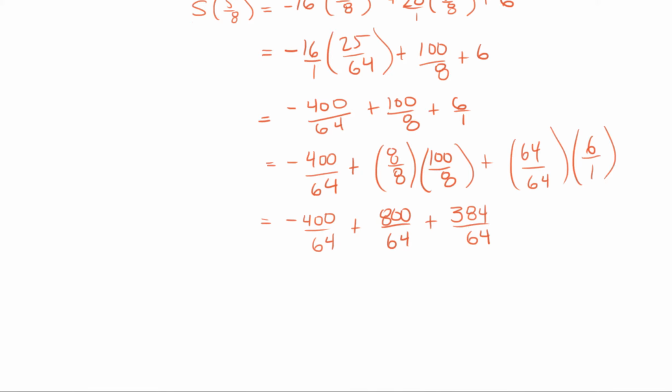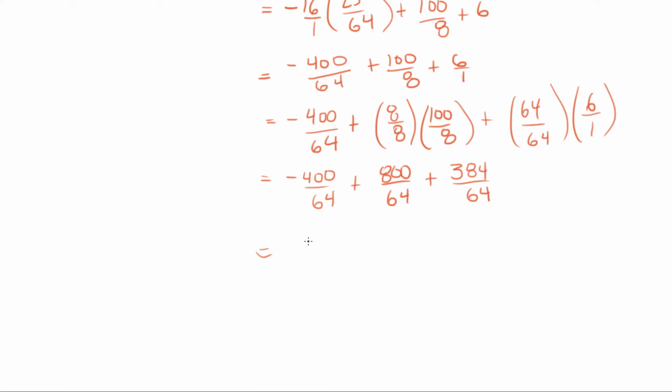If we put them together, negative 400 plus 800 is 400, plus 384 over 64, which gives you 784 over 64, which gives you 12.25 feet.